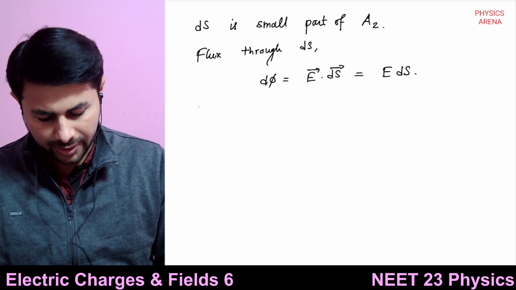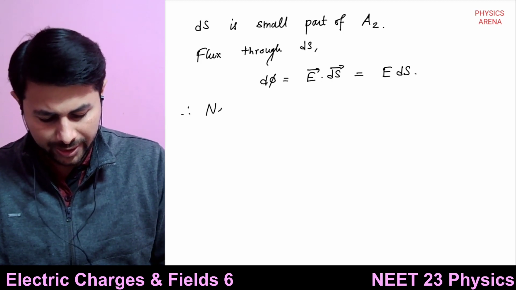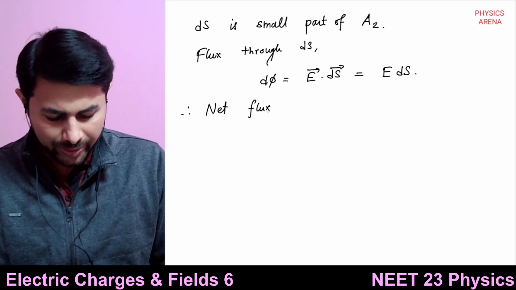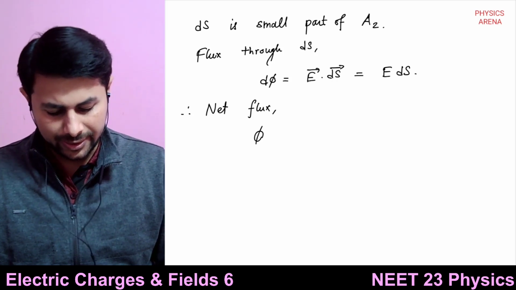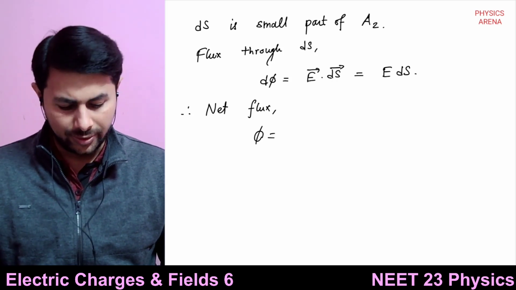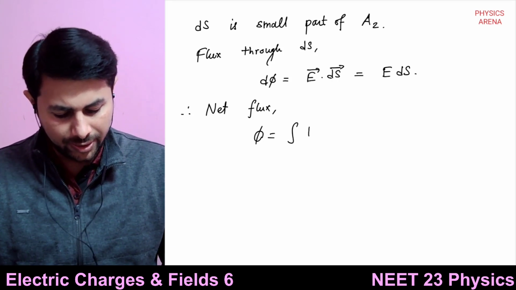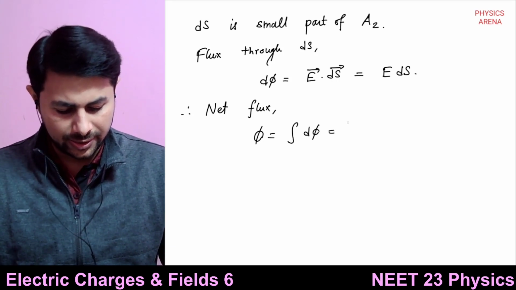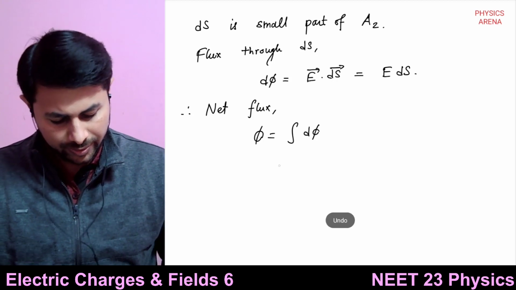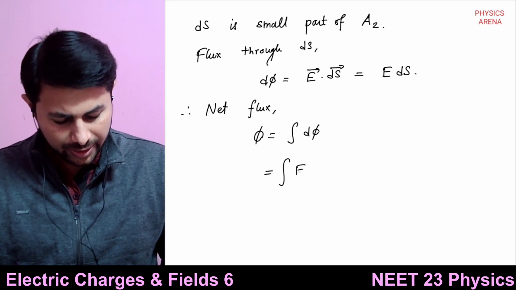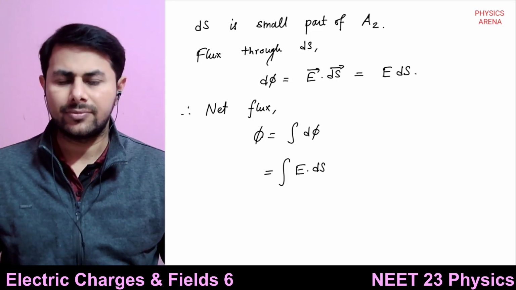Therefore, what would be the net flux? Phi is just equal to phi 2, as we have discussed. So it will be the integral of d phi, that is, the integral of E multiplied by ds.